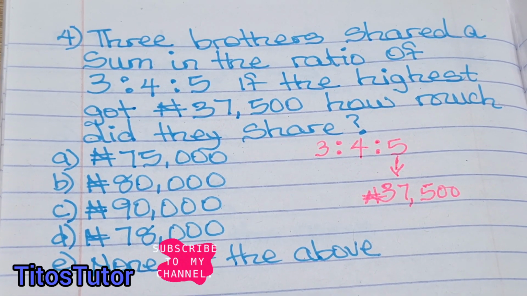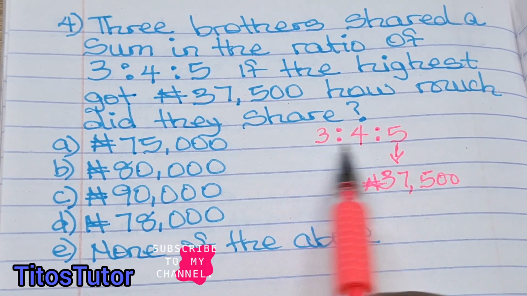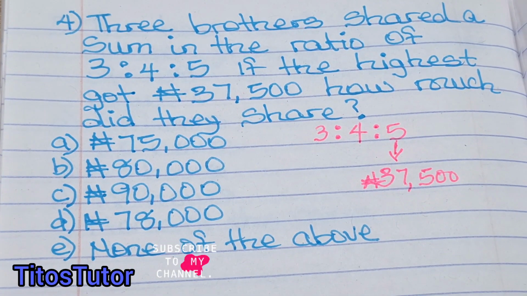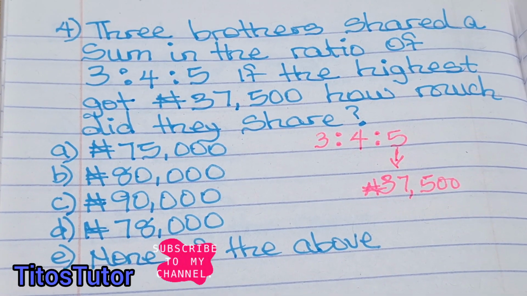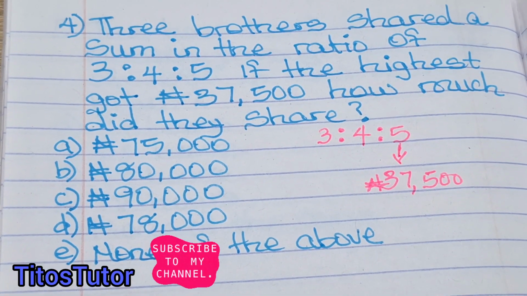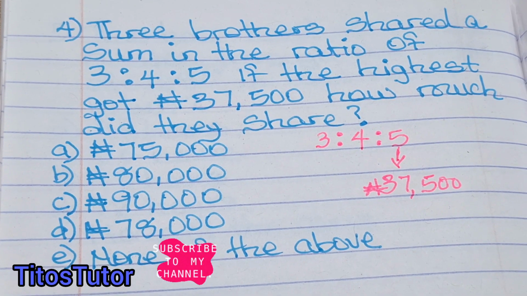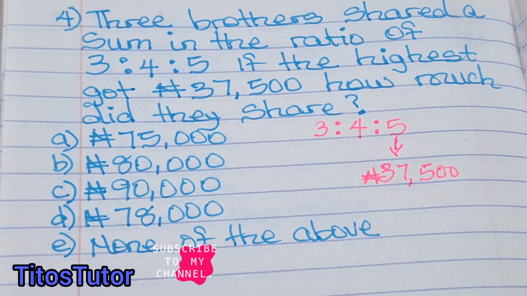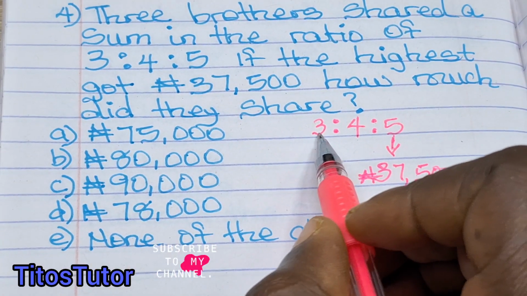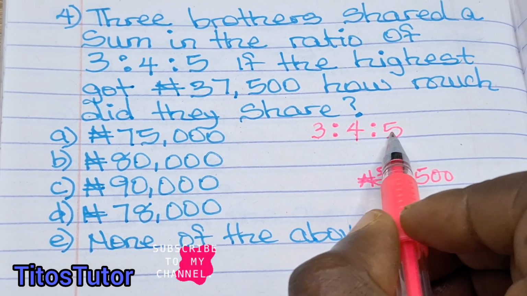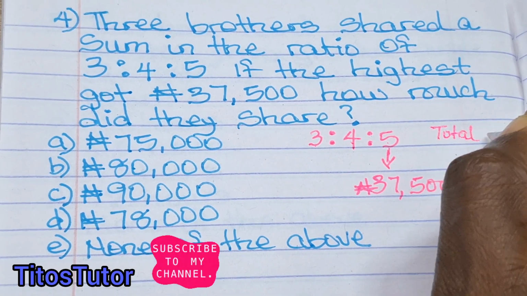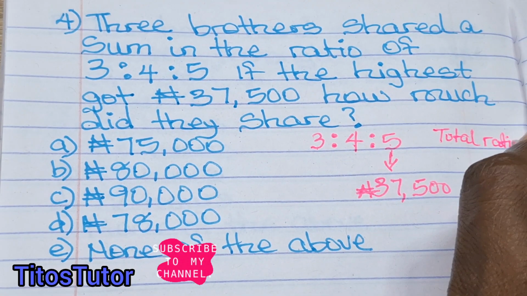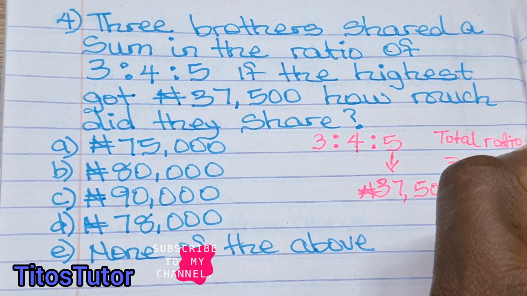Okay, so remember our ratio. You add up the ratios to get your denominator, then 5 over that multiplied by what they shared gives you this. So all you need to do is write the correct algebraic equation. 3 plus 4 is 7, 7 plus 5 is 12. So total ratio equals 12.